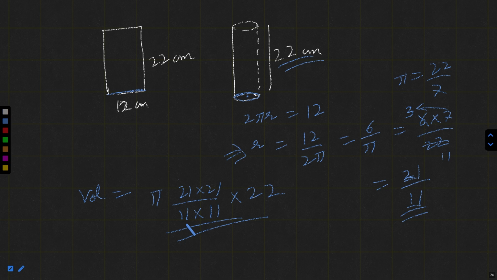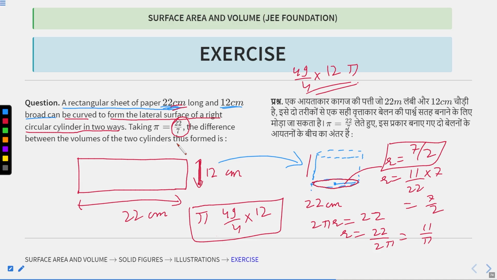I hope this is clear. So, we are asking for the difference. So let me do it here. So 49 by 4 and this 4, and this 4 will also do the same. So 4 times 3, so this is just 3.